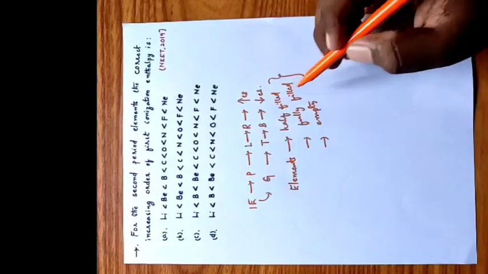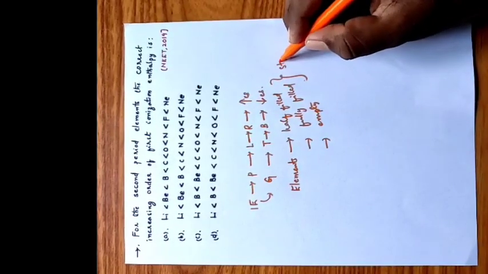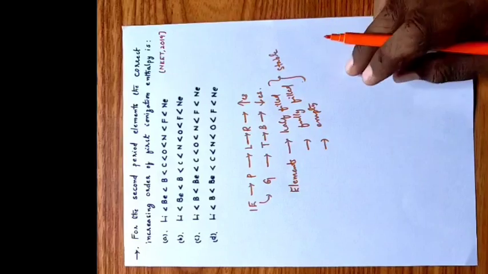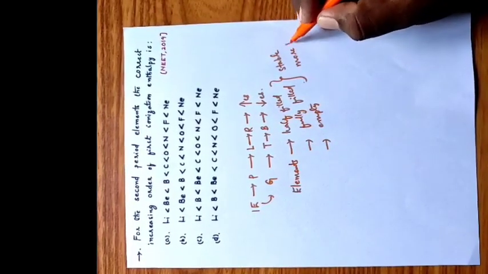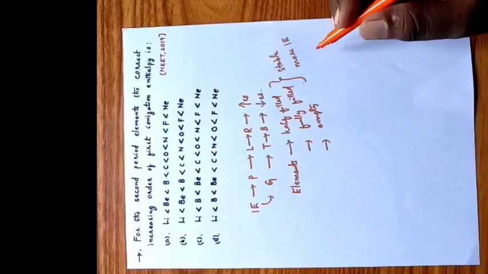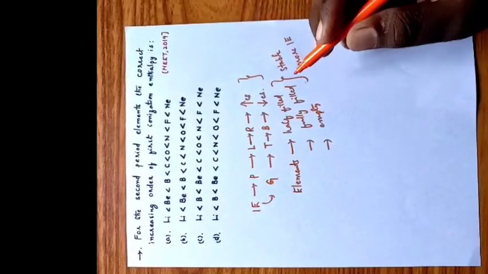So the elements which are having these types of electronic configurations are generally more stable. So when they are more stable, we require more ionization energy to remove valence electrons. So we need to keep these 2 points in mind to solve this question.